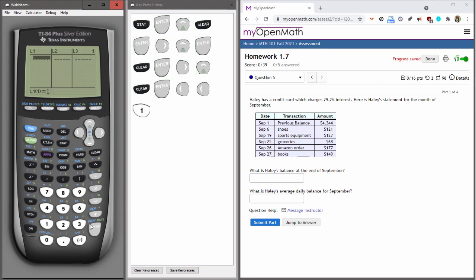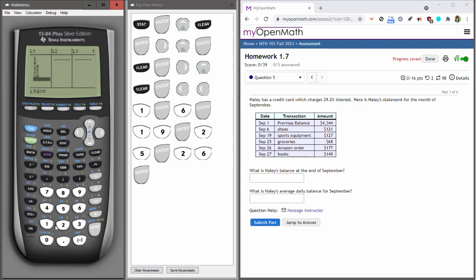Enter my dates. And then for my last quote-unquote date number, September has 30 days. One more than the number of days in the month is 31.